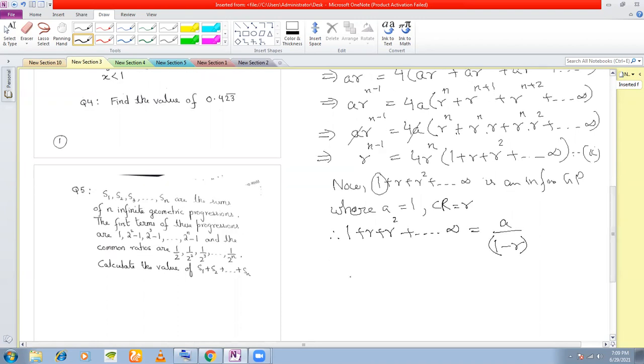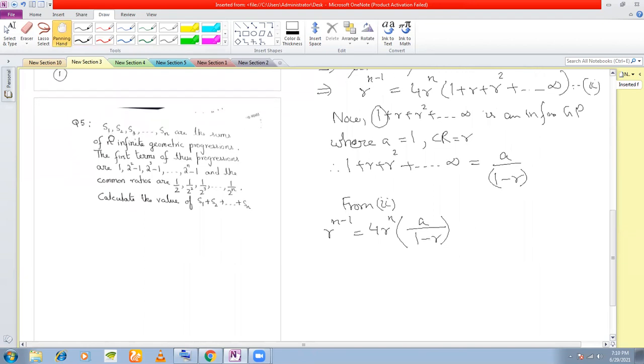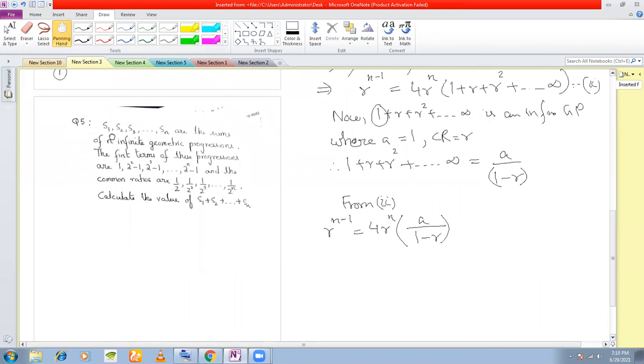Therefore, from 2, what can we get? From 2, r to the power of n minus 1 is equal to 4 r to the power of n into a by 1 minus r, isn't it? A here is 1, because the first term is 1.